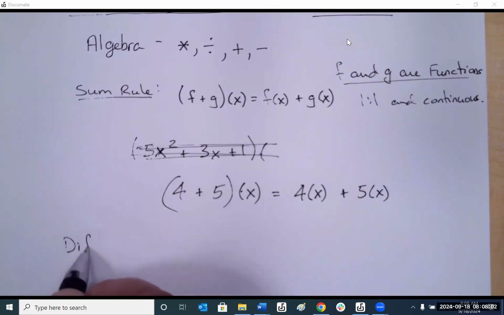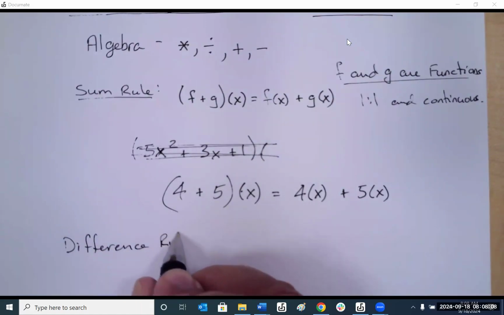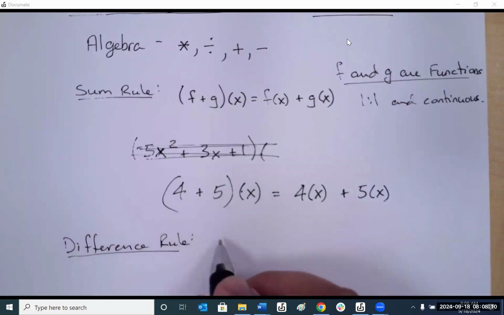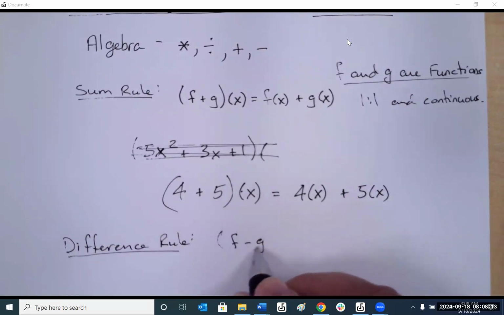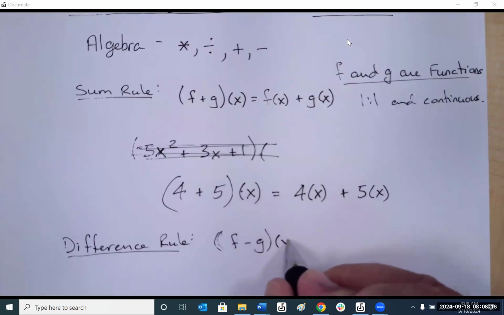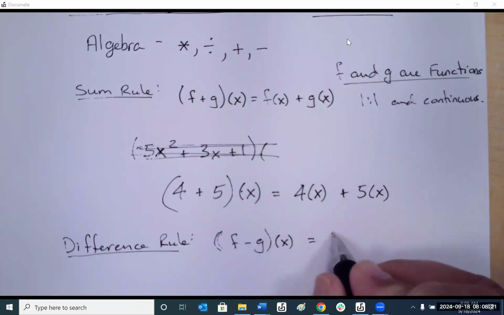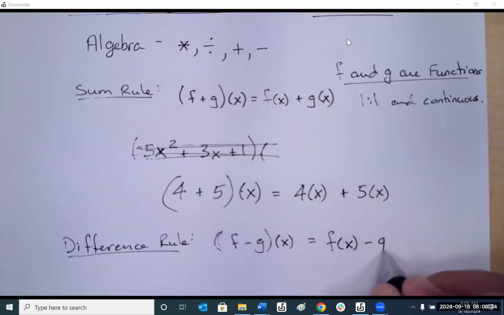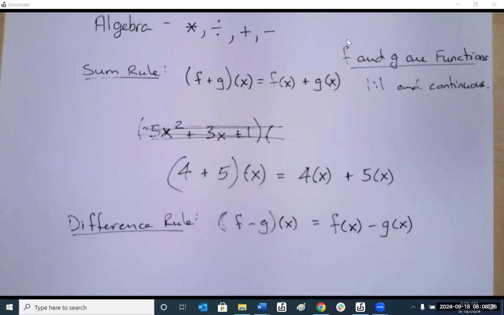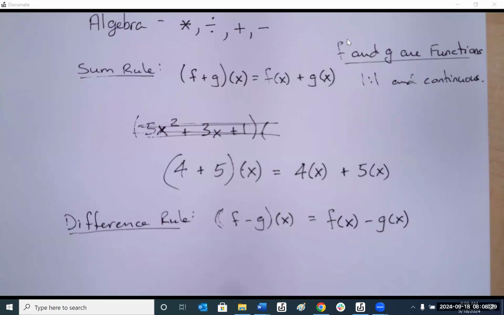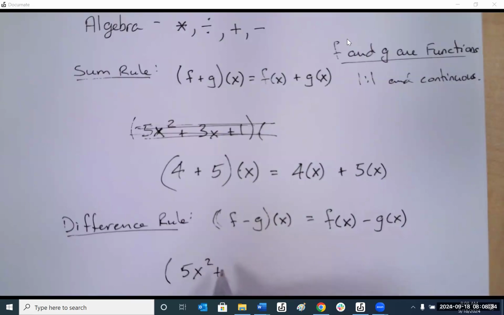The difference rule just deals with f minus g. So that could be f of x minus g of x. I guess I can show you all with the letters and graphs and everything. So if we had, as I was going to put in there earlier, 5x squared plus 3x minus 1.